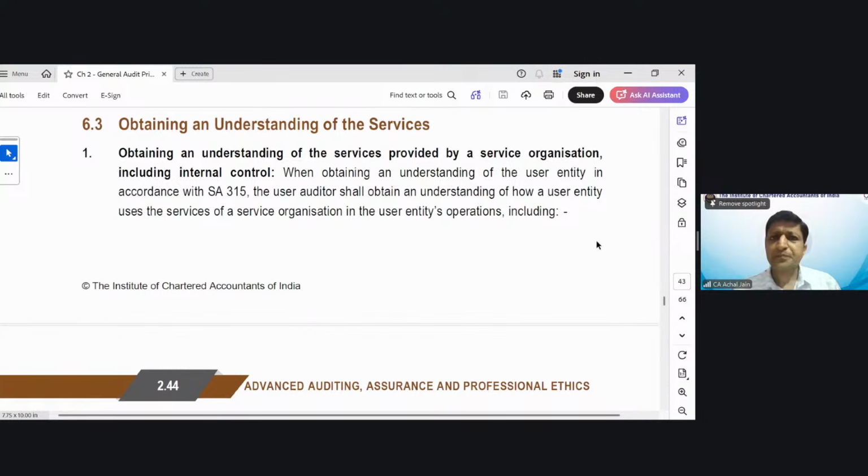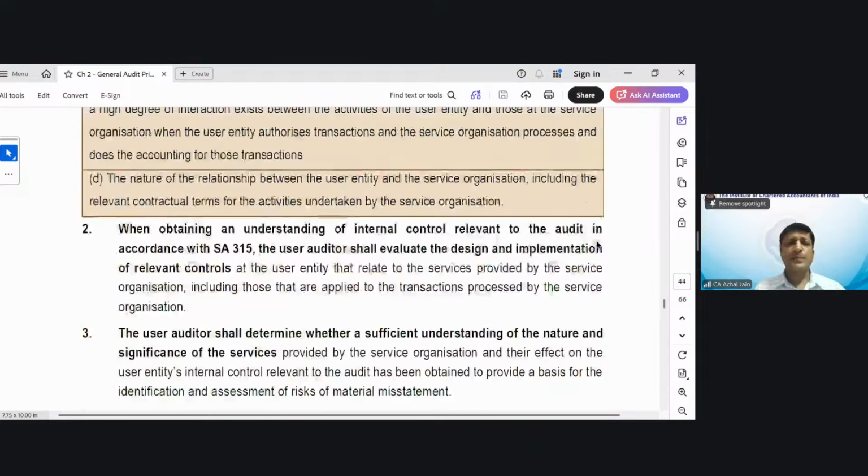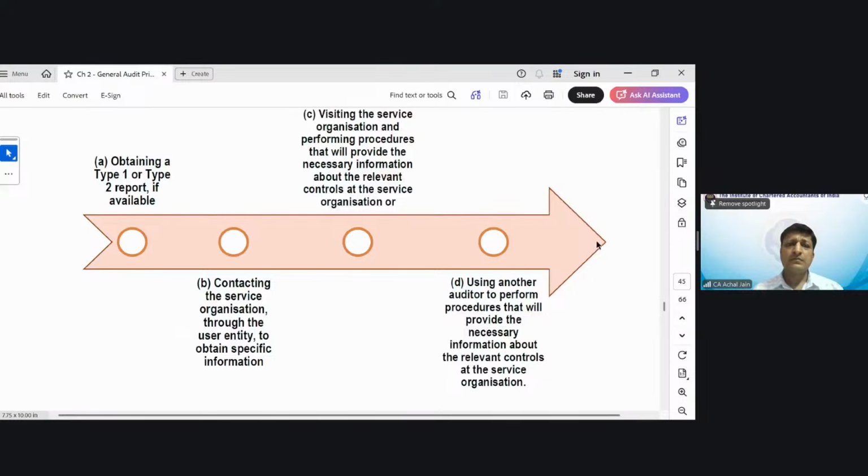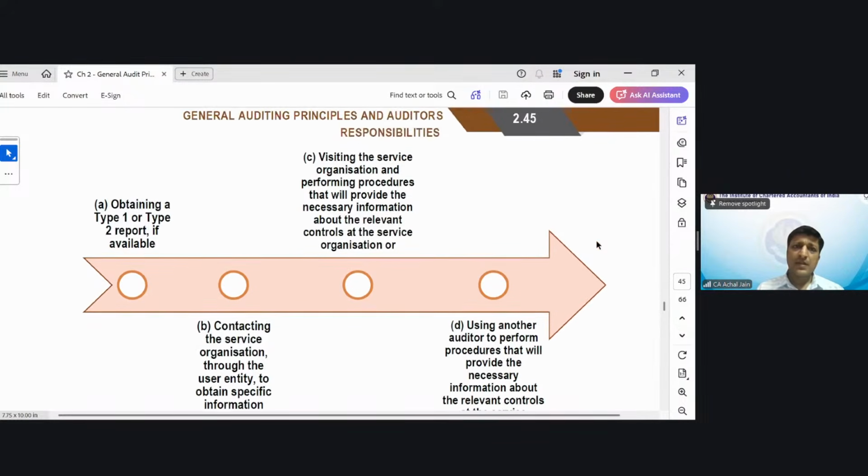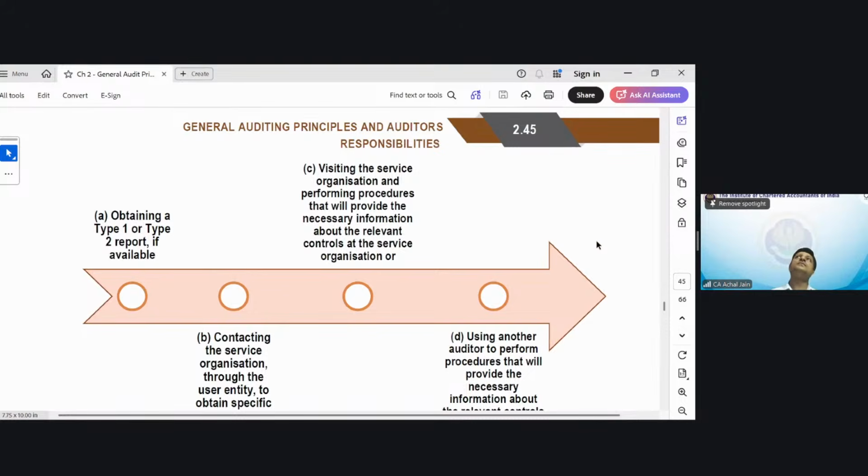Now, obtaining an understanding of the services, controls around it, and you can say this complete assessment is required by whom? User auditor. Yeah.